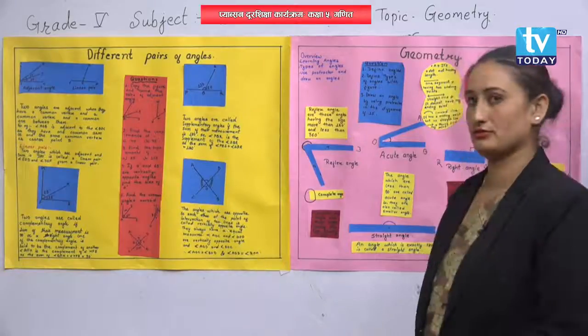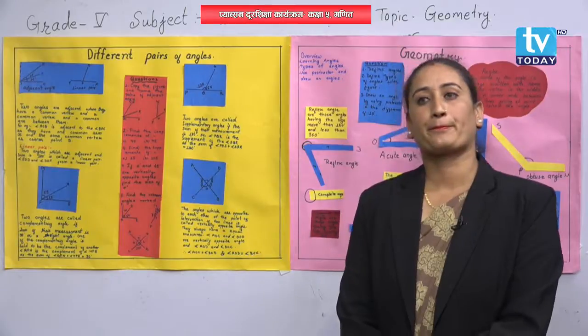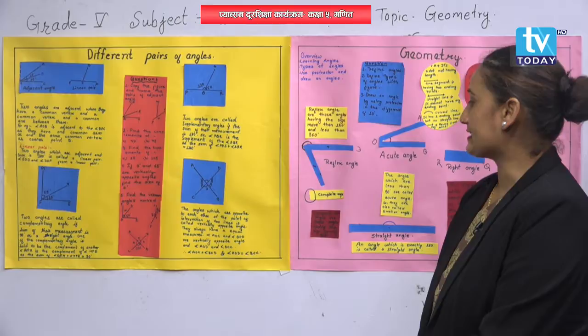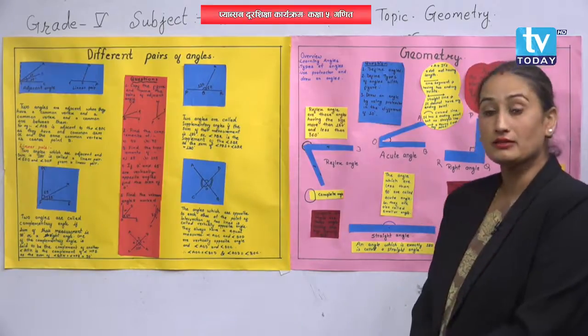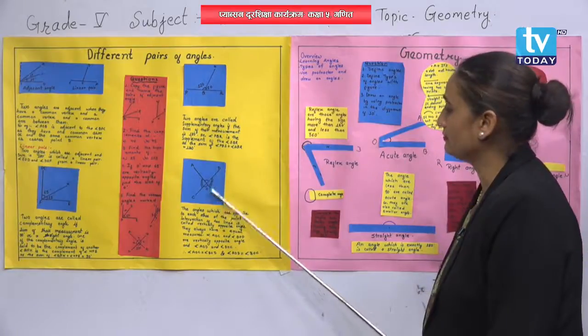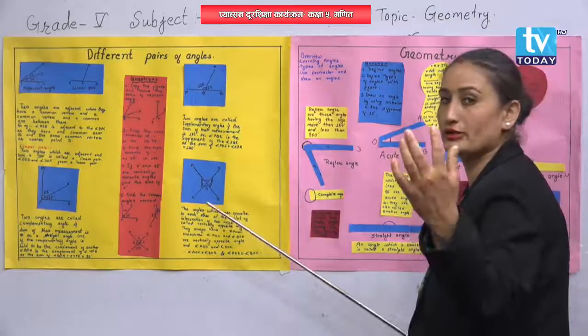Now shall I move to the vertically opposite angle? Okay, I'm moving to the next, that is vertically opposite angle. See here in the figure, the angles which are opposite to each other.